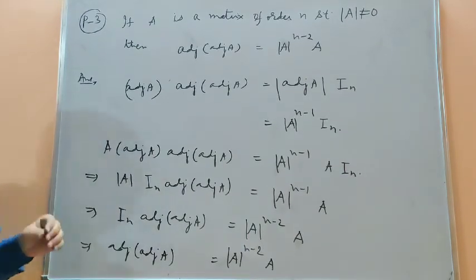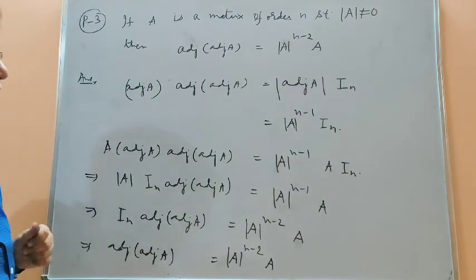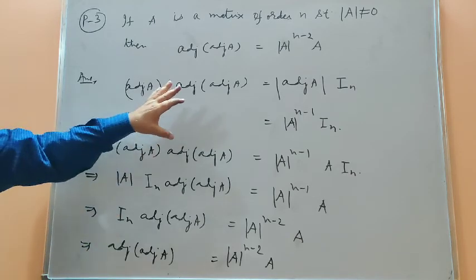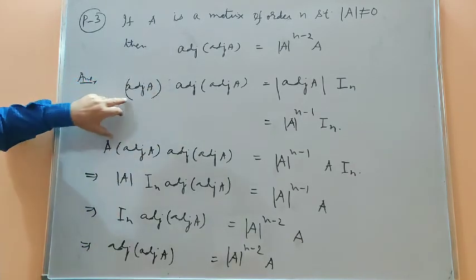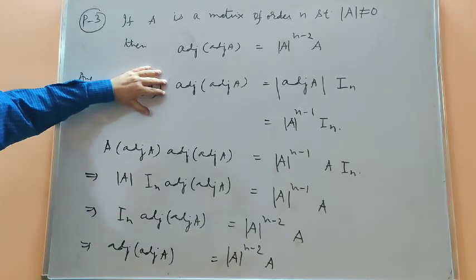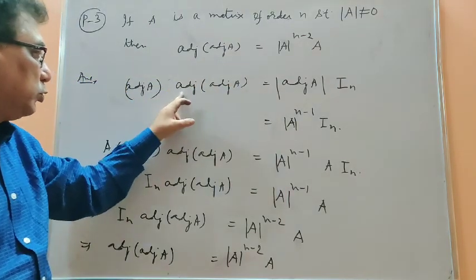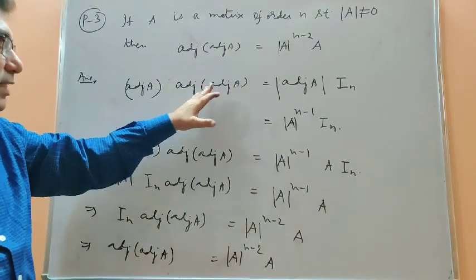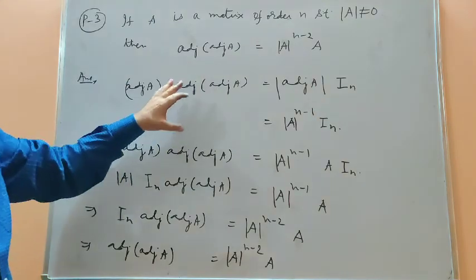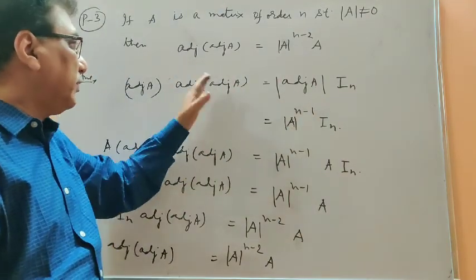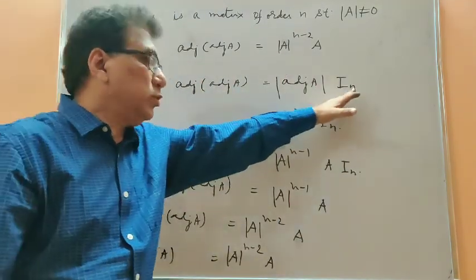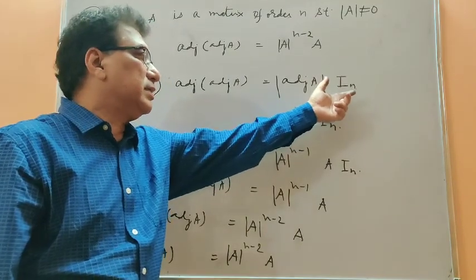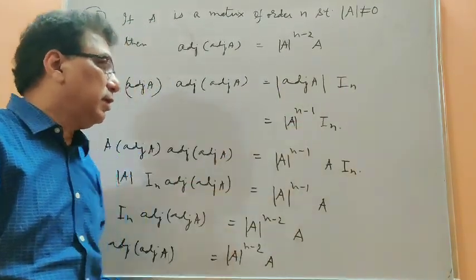Now we'll be using the previous results, in which we find that if a matrix, here adjoint A, is multiplied by its adjoint, then the result is determinant of the matrix into the unit matrix, where the unit matrix has the same order as that of the given matrix.